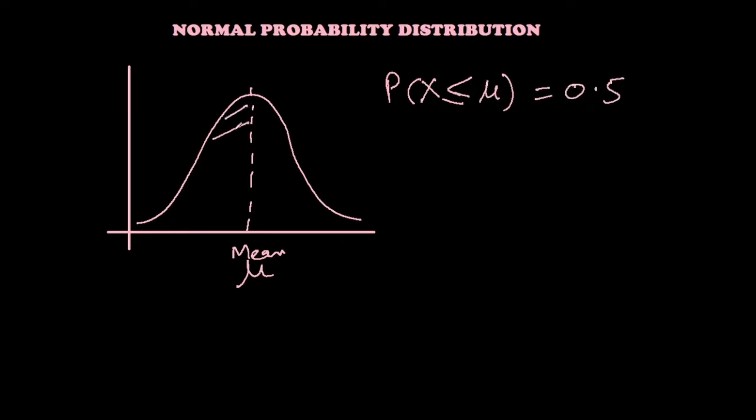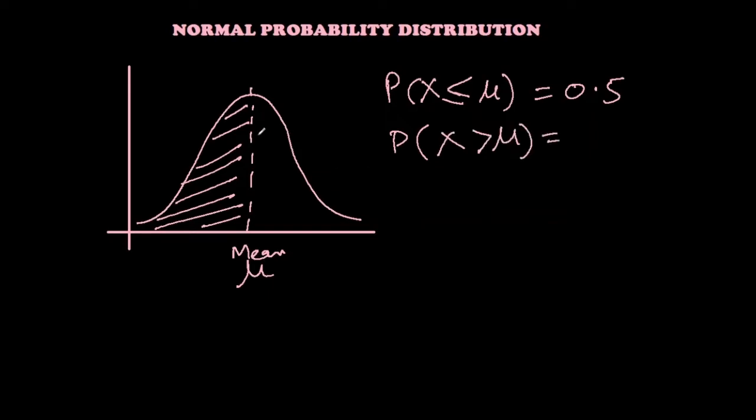In other words, we are finding the area on the curve on the left side of the mean. Similarly, if we want to find the probability of x greater than the mean, which is the right side of the mean, it will also be 50% or 0.5 probability.